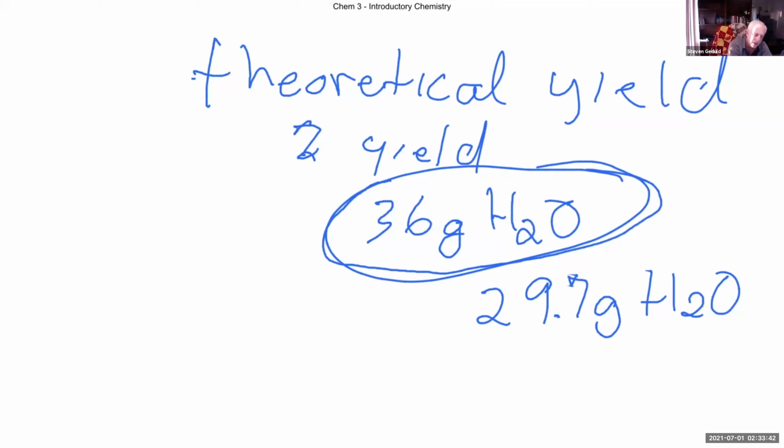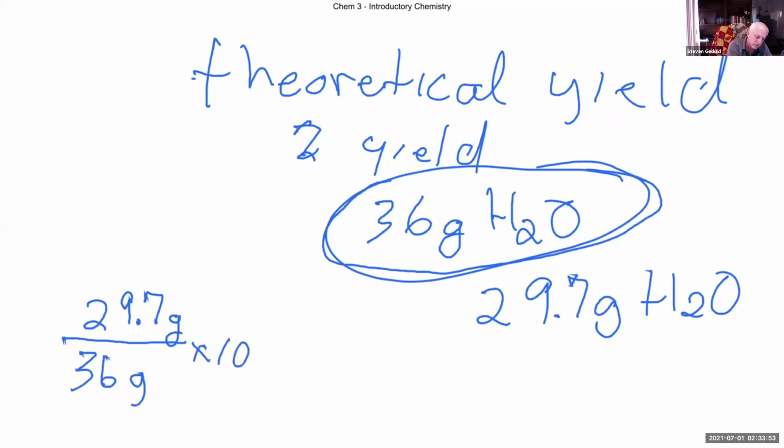So the percent yield is our 29.7, what we actually got, divided by our theoretical yield, times 100. That's it. So we actual yield was 29.7, divided by 36, times 100. So we got 82.5%. Okay, that's our percent yield.